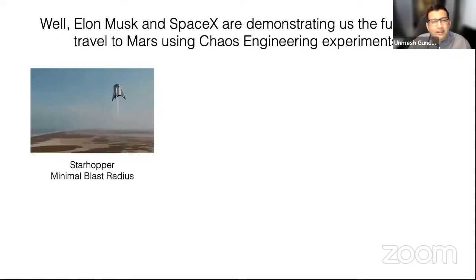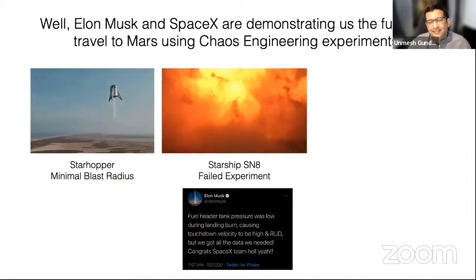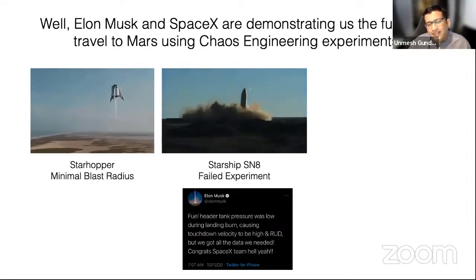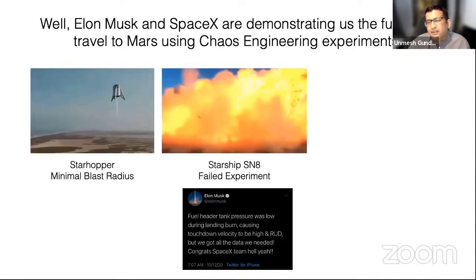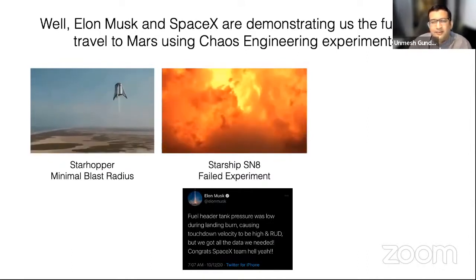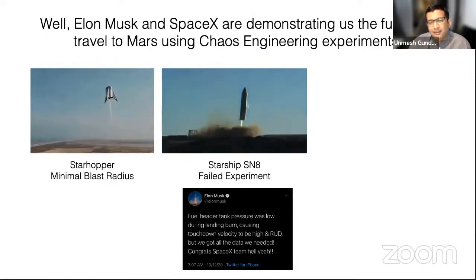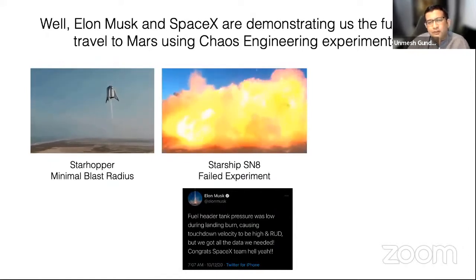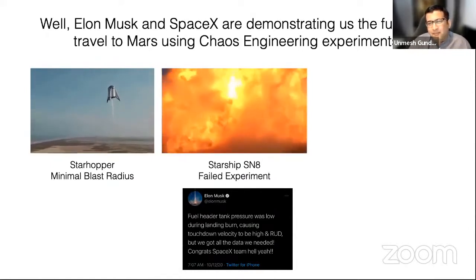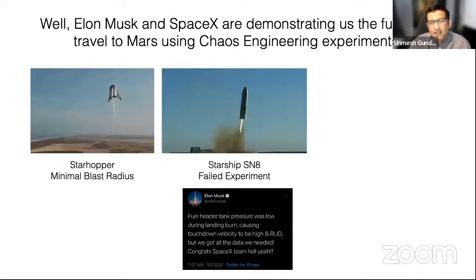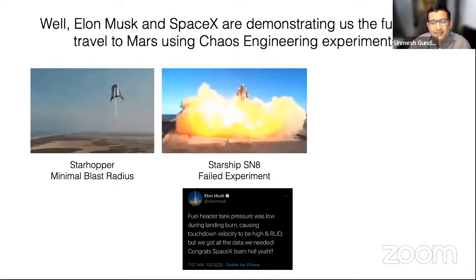They're working on the Starship, and Starhopper was the first small rocket, which you can consider a minimal blast radius. Then from Starship SN1 to 8, they made a lot of tries to fly the rocket and then land it back. And most of those tries failed. And in some cases, the rocket blew up.